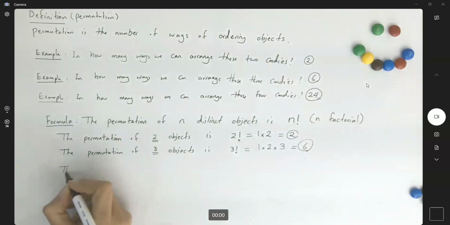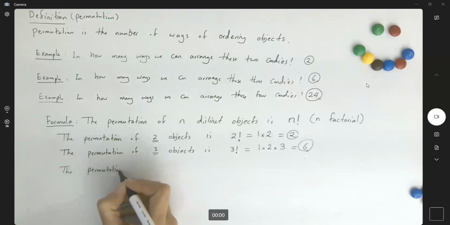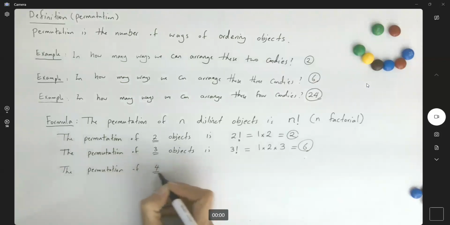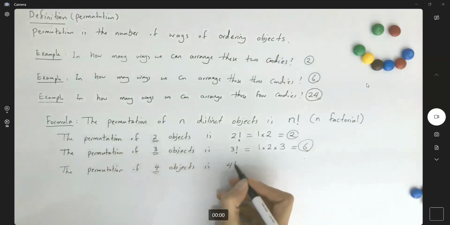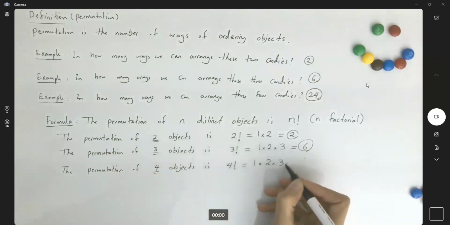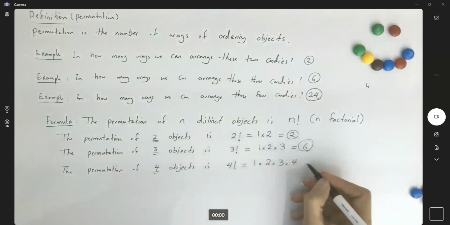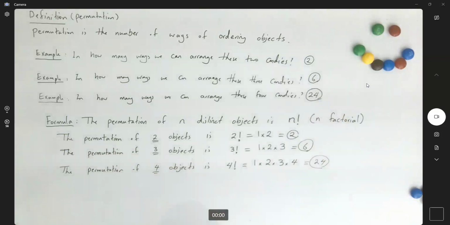The permutation or ordering of now 4 objects is 4 factorial, which is defined as 1 times 2 times 3 times 4, or 24, as we saw for our M&Ms.